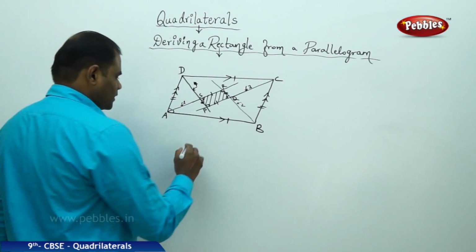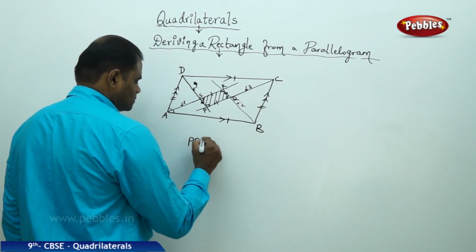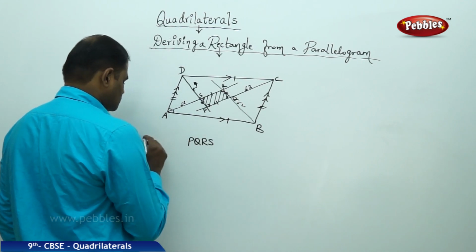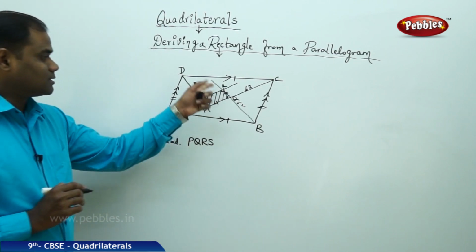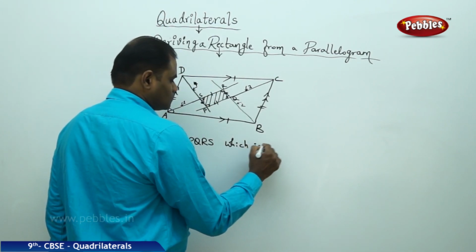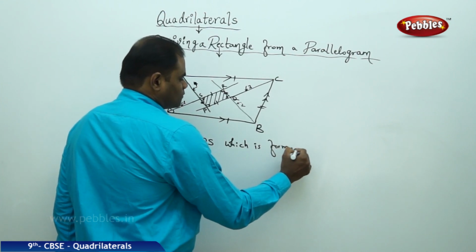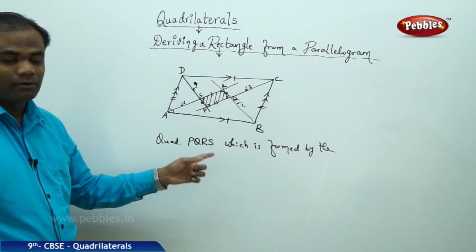So PQRS, quadrilateral PQRS, which is formed by the bisectors of the original parallelogram.